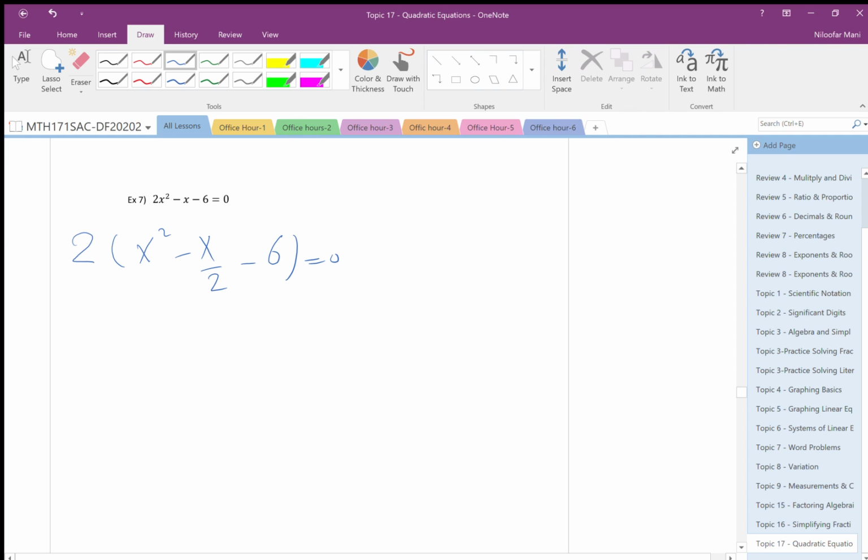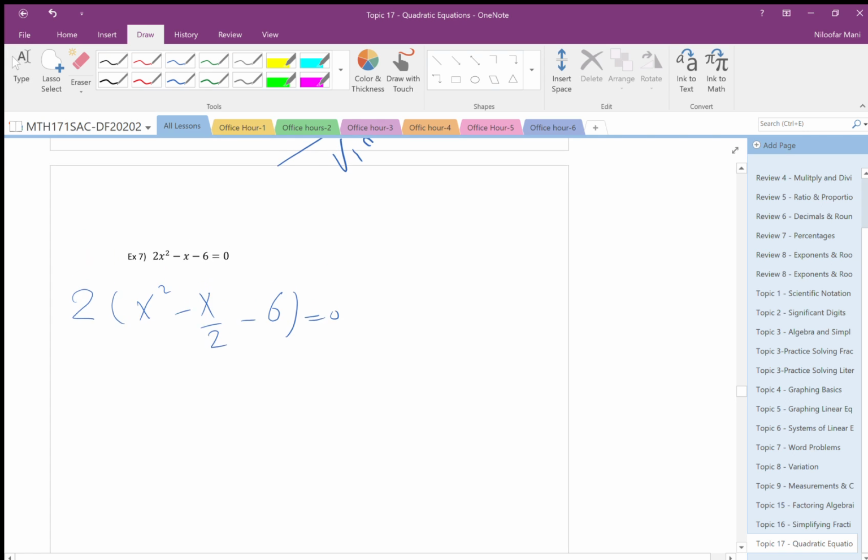Remember, I'm not forgetting 2, but because I am solving the equation, when I factor 2, I have two things in multiplication. So when I have AB equals 0, it's either A equals 0 or B equals 0. Here A is not 0 because A is 2.